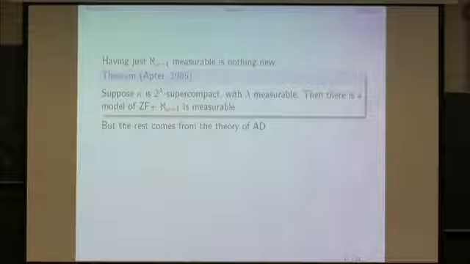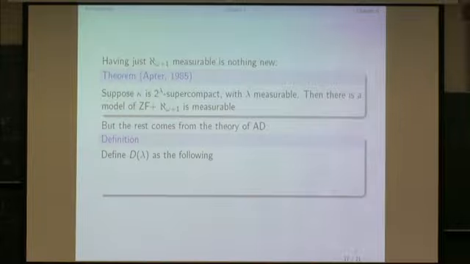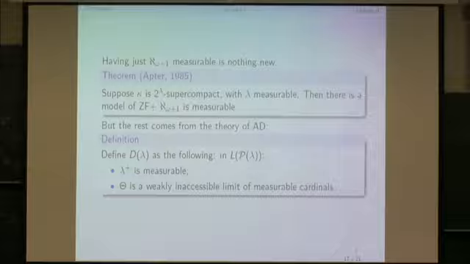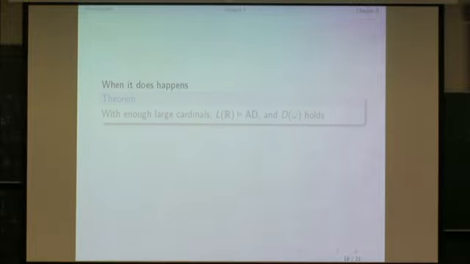Where does it come from? It comes from determinacy. So let me just write D(lambda) instead of every time writing "lambda plus is measurable and theta is a weakly inaccessible limit of measurable cardinals." So L(R), when it satisfies AD, satisfies this. This is where everything comes from.